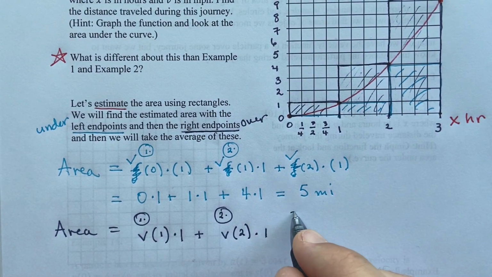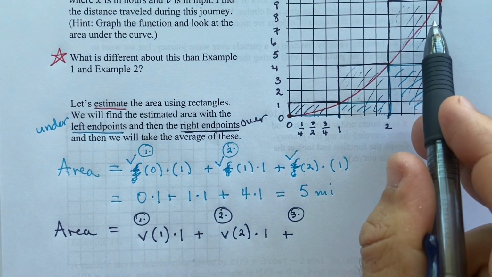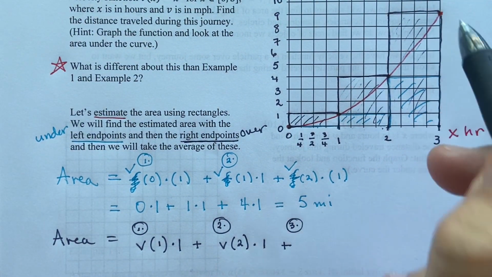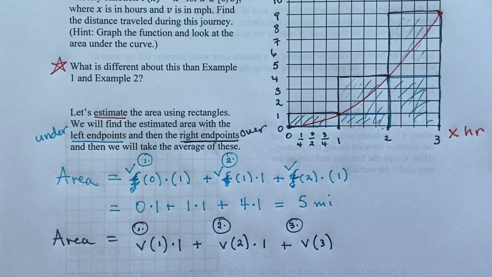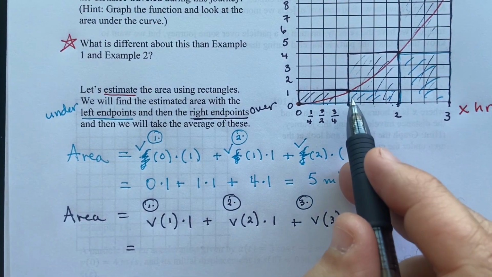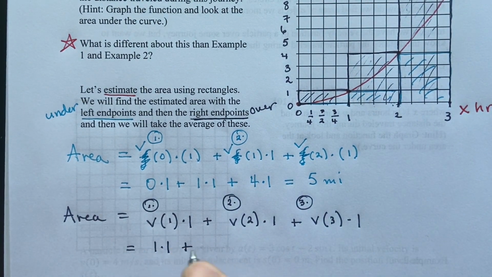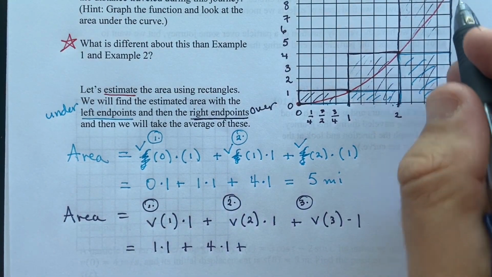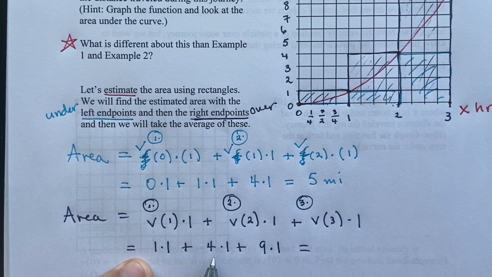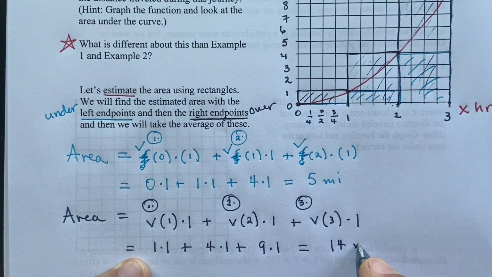And then finally this third rectangle here, its height is coming from evaluating the function at 3. So I'll have v of 3 as its height, and then times 1 as the width again. So v of 1 is 1, so I'll have 1 times 1, plus v of 2 is 4, so I'll have 4 times 1, plus v of 3 is 9, so 9 times 1. So my overestimate would be 1 plus 4, 5 plus 9 is 14 miles.